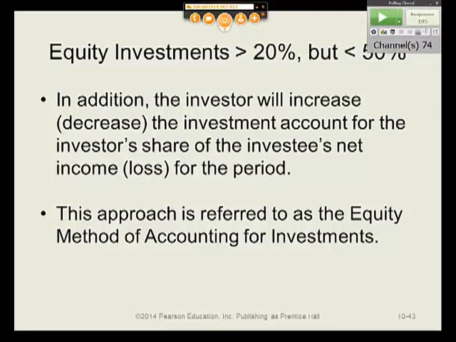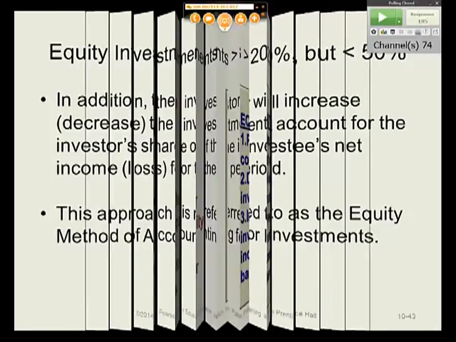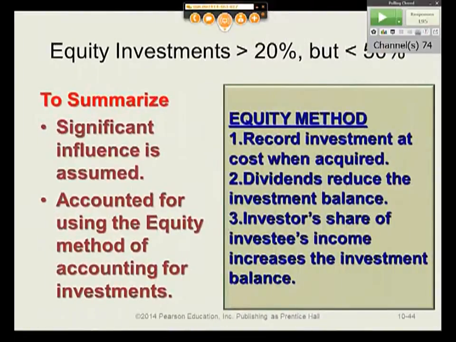If there's a loss, you absorb 20% of the loss, and that flows through the investment account. So the 2 points are how to handle dividends, which is totally different when you have the equity method, and secondly, how to handle the income or loss from the investee. There's a summary that you should look at carefully when you study for the equity method.